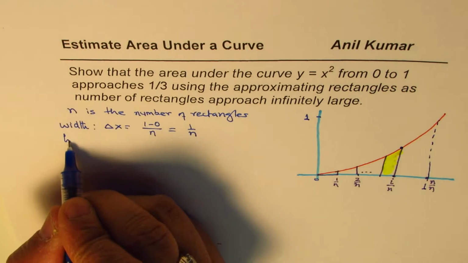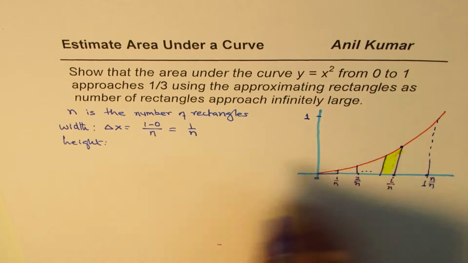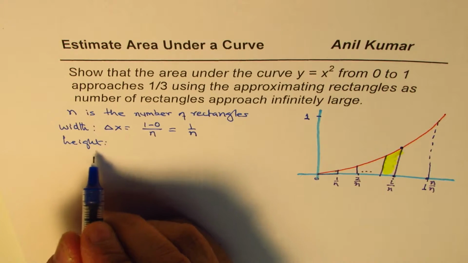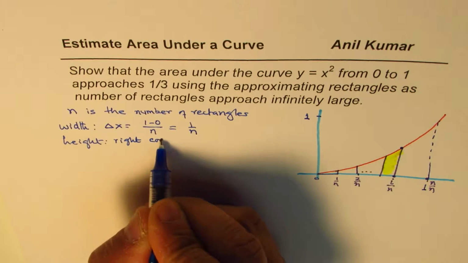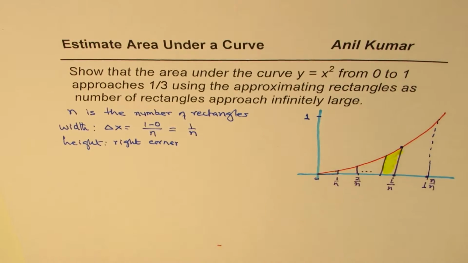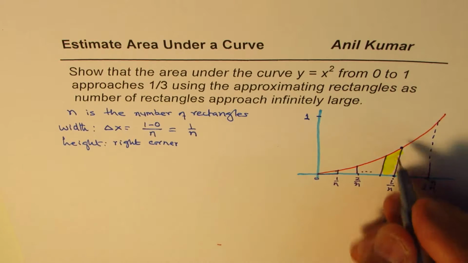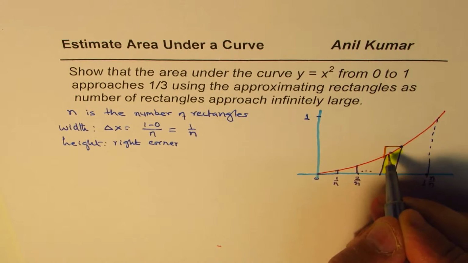For the height, you could use left or center, but we'll use the right. If I'm using the right corner, you will see that our estimate will be slightly higher. For example, if I form this rectangle, that much is the extra.